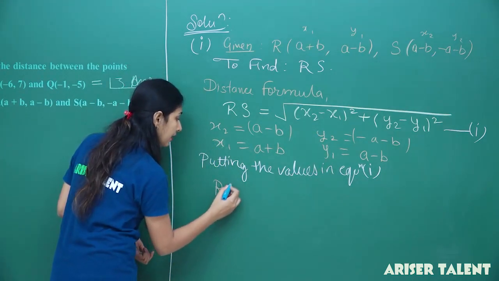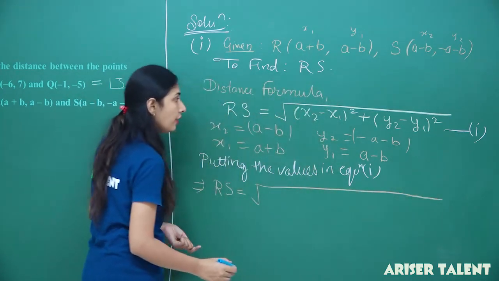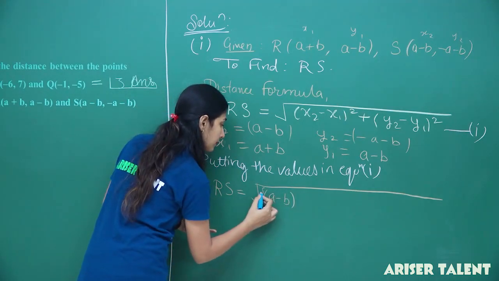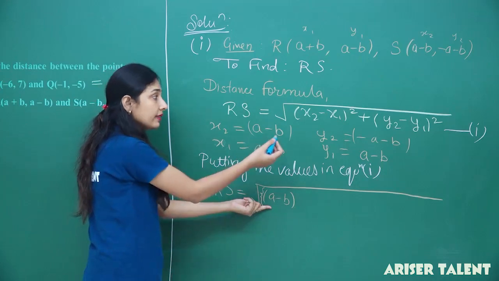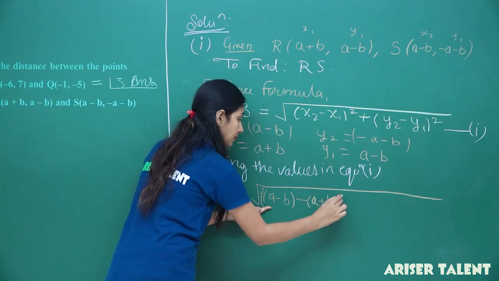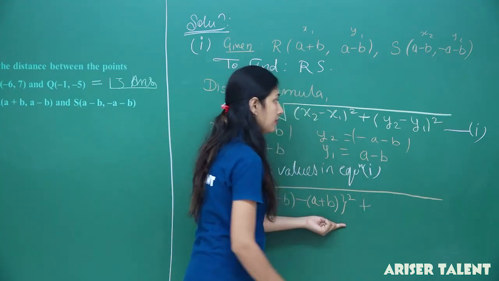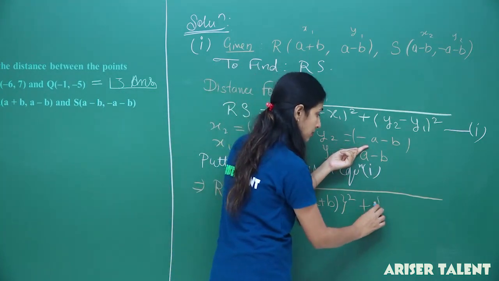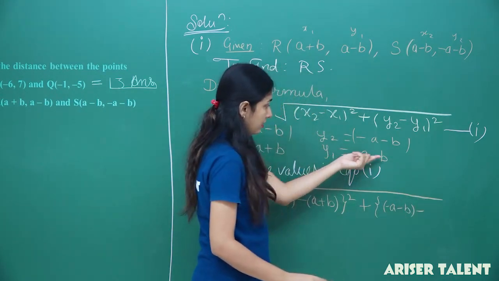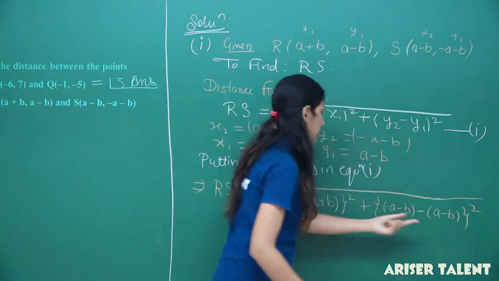So I'll get RS equals root of x2 minus x1, square, don't forget to mention square here, plus y2 minus y1, and square of that whole term.